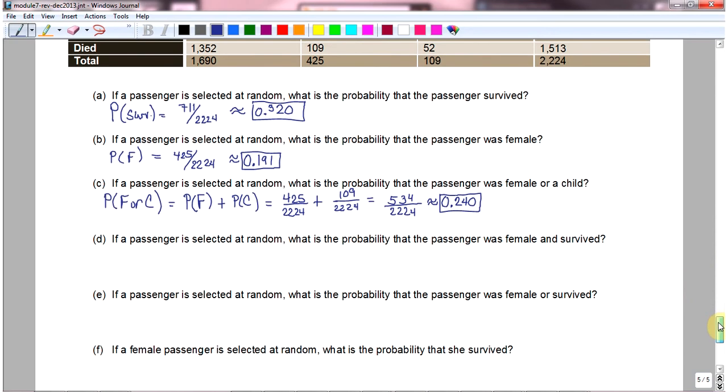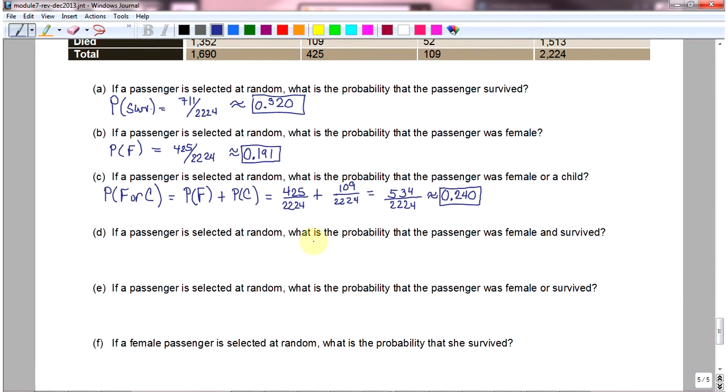Part D. If a passenger is selected at random, what is the probability that the passenger was female and survived? Okay, so the probability that the passenger was female and survived. Well, we don't know if these are independent, so we're going to use our general multiplication rule.